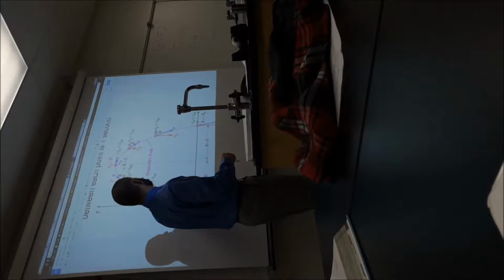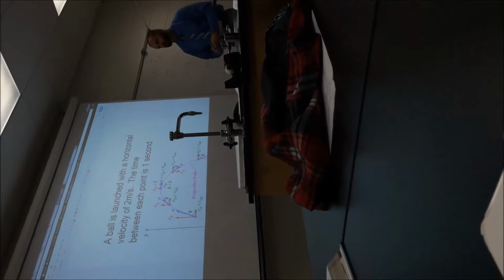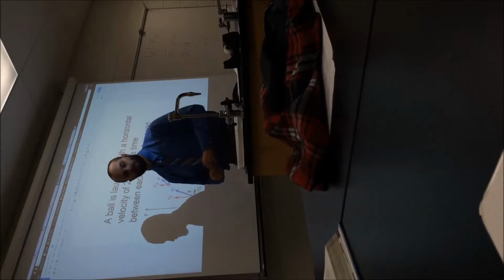So all you would do is draw this arrow pointing straight out. We've done this before, but it's been a while. Now, how fast is that going? Well, it's given to us in the question, right? How fast is our horizontal velocity? 2 meters per second. Good. So I could draw this, and I could label it 2 meters a second in the x direction. That's no problem.